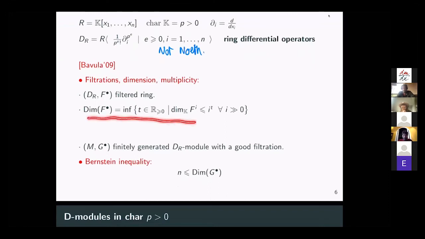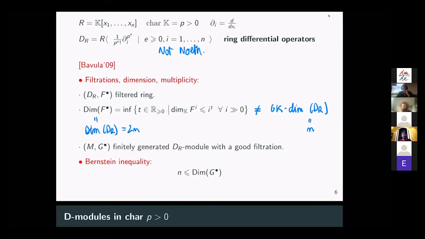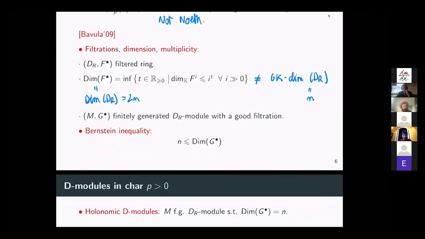He used the same definition, or introduced this definition of dimension, and I have to point out that in general this is not the Gelfand-Kirillov dimension of the ring of differential operators. If we think of this as the dimension of the ring of differential operators, it is 2n, but the Gelfand-Kirillov dimension is n. So one has to be careful with this notion of dimension in this setting, but he reproduced the same arguments.